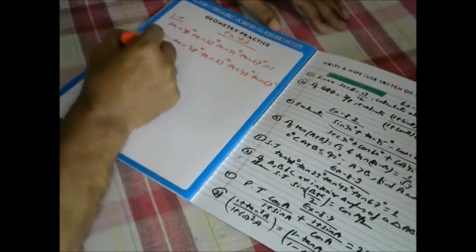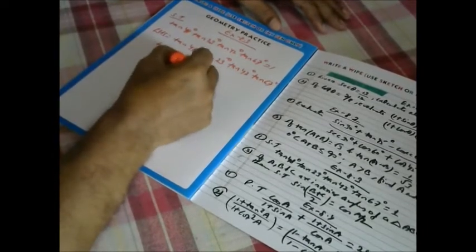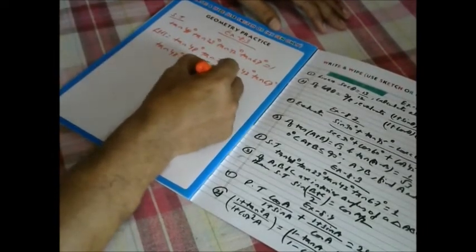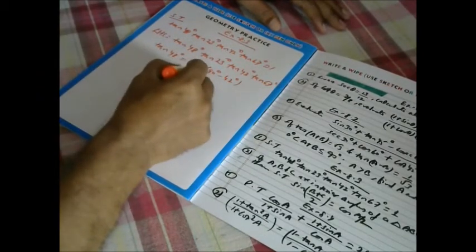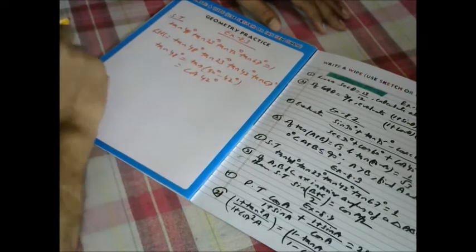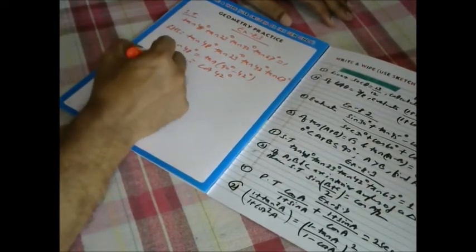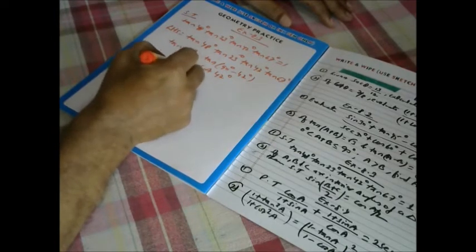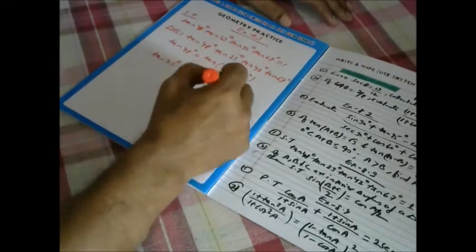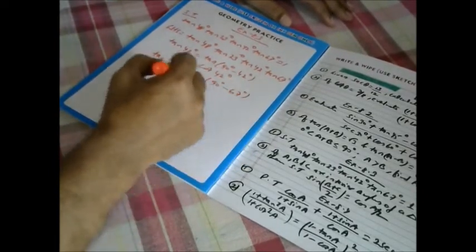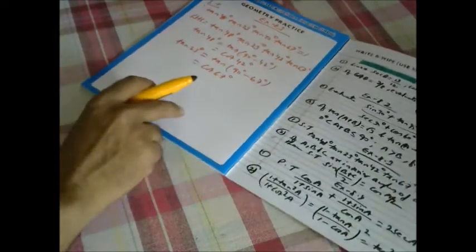Okay, so tan 48 degree is what? Tan 90 degree minus 42 degree, which can be written as cot 42 degree. Similarly, tan 23 degree we can write as tan 90 degree minus 67 degree, and it is giving us cot 67 degree.